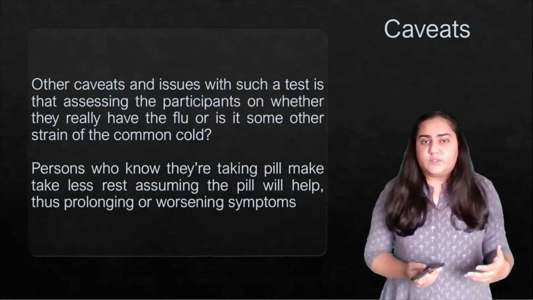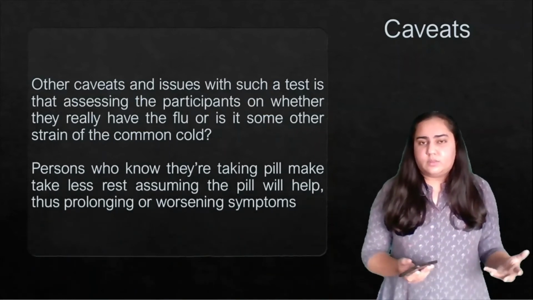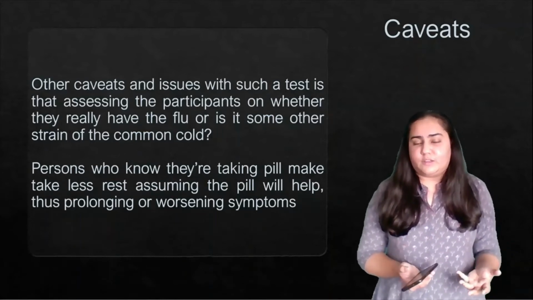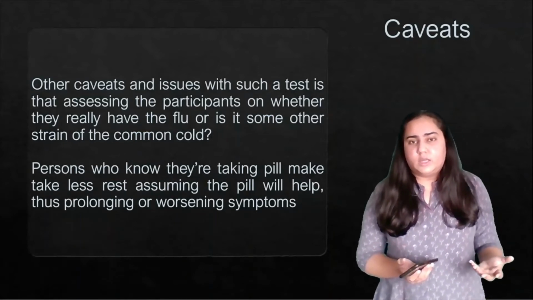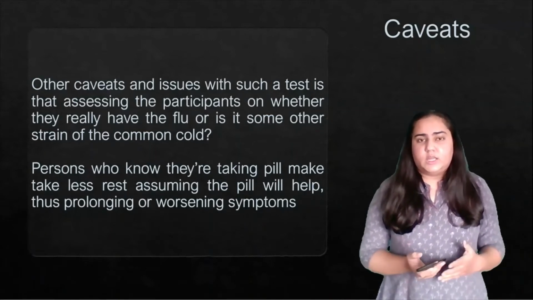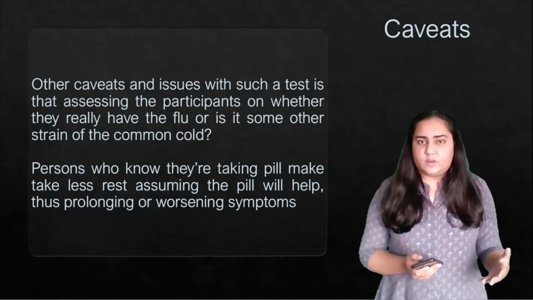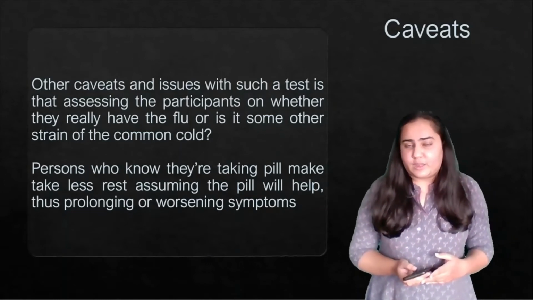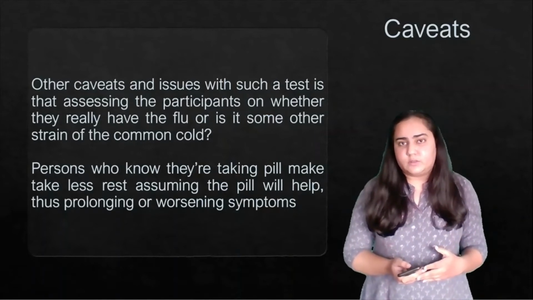Persons who know that they are taking the real pill might start to take less rest, assuming that the pill is definitely going to work, and start doing all the activities. And this could prolong or worsen the symptoms. And again, your experiment would not be a fair experiment.